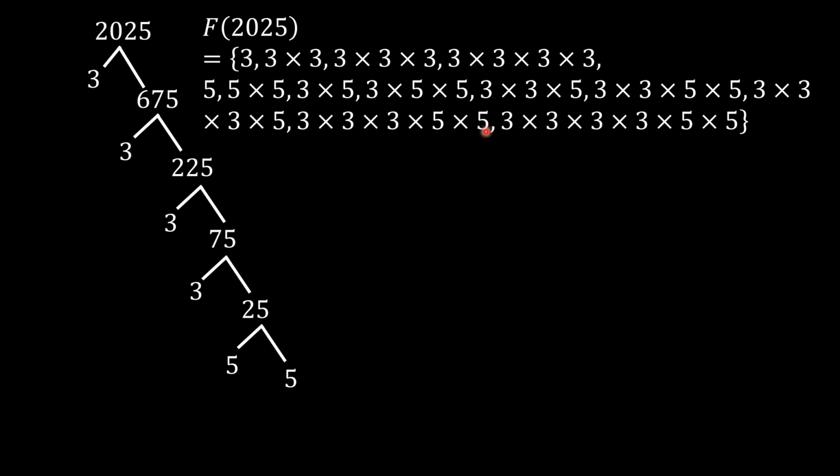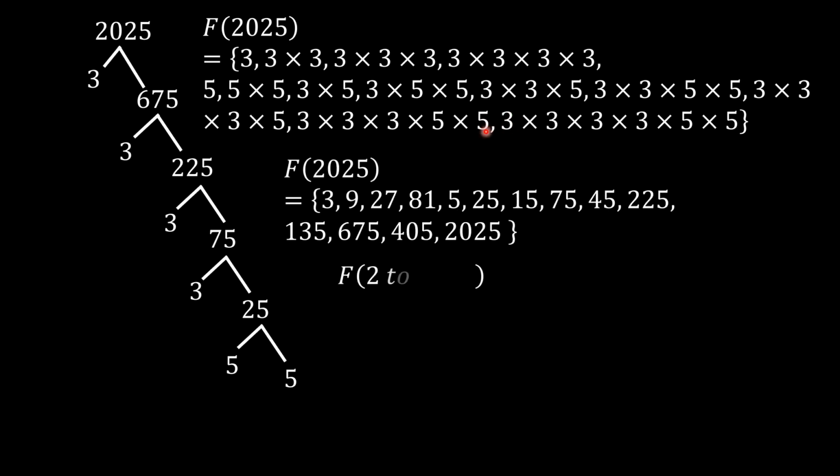We missed one here. So that becomes 3, 9, 27, 81, 5, 25, 15, 75, all the way up to 2025.